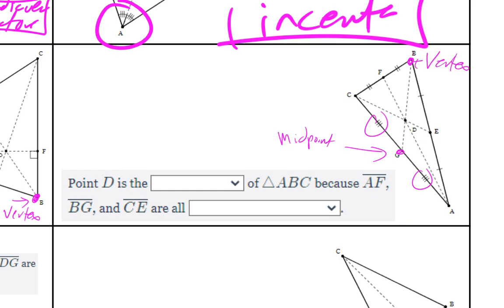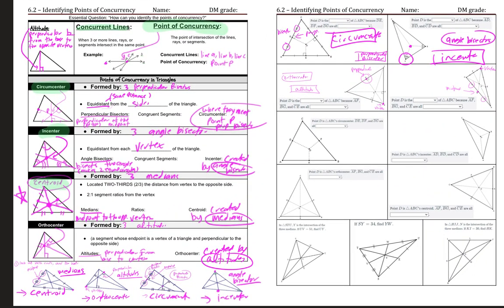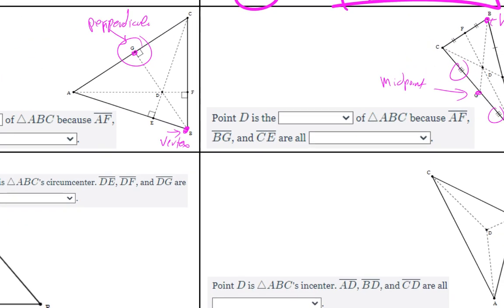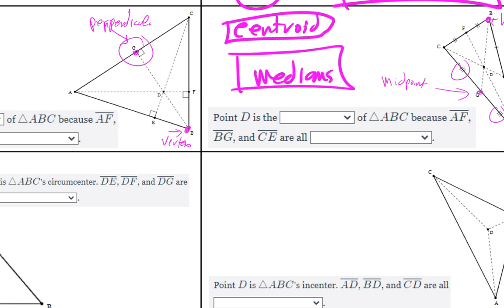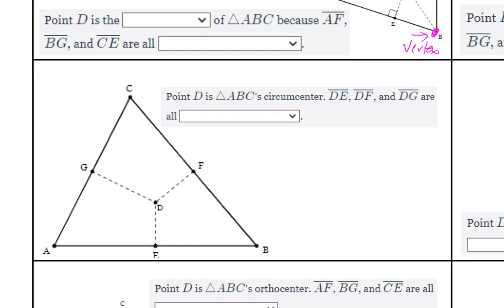So which one of our notes says from midpoint to the vertex? This one says from the midpoint to the vertex is the centroid, and those are called medians, right? So point D is the centroid, and those are created by medians. Okay? So the more we do this, you'll get this.